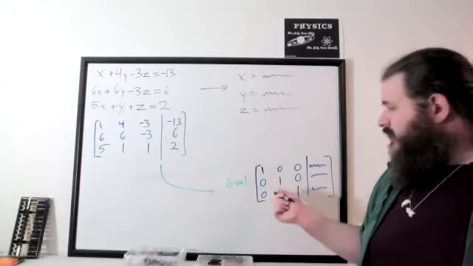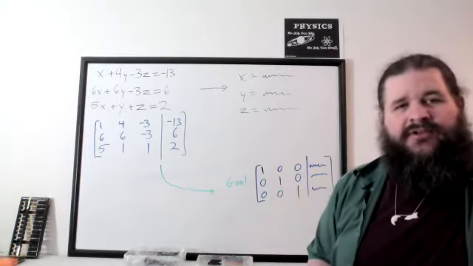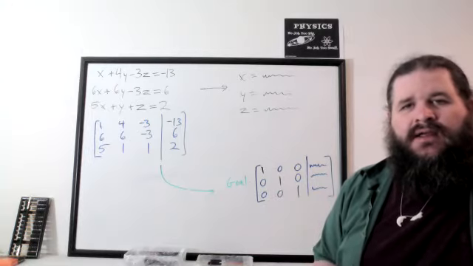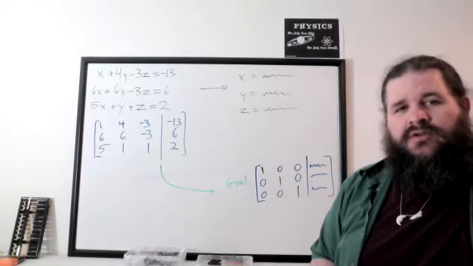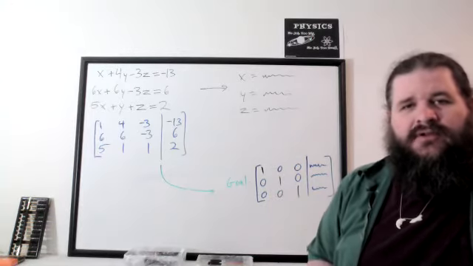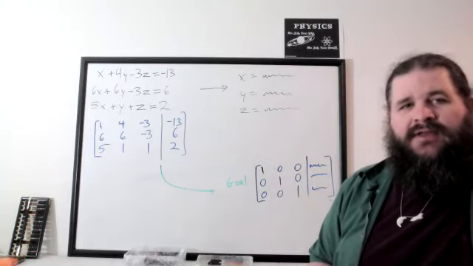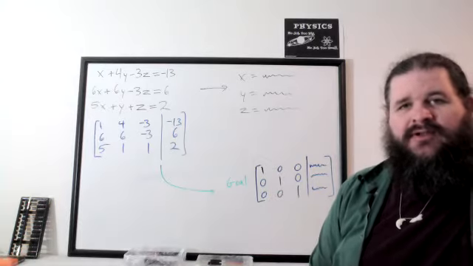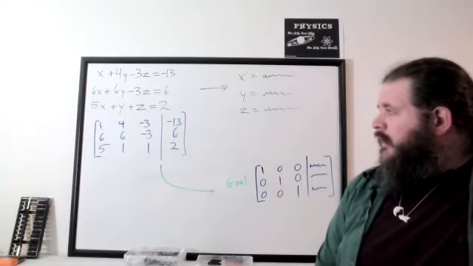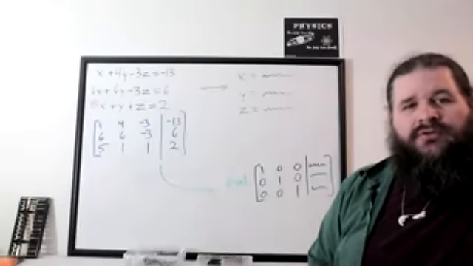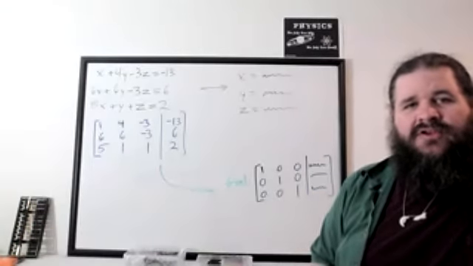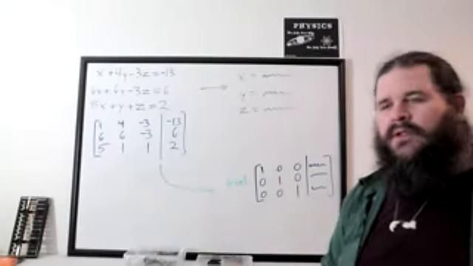If it's not possible to row reduce to the identity matrix, then that either means there's no solution or there's infinitely many solutions. But you can tell which that is by looking at why it doesn't turn into the identity matrix, what exactly is going wrong there. But you can still at least turn it into reduced row echelon form, which is basically as close as you can get to the identity matrix.